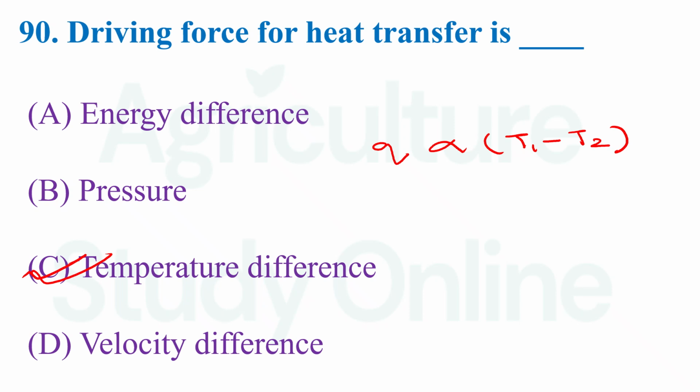For convection, we know it depends on the temperature difference between the surface and the liquid. Radiation depends on the temperature difference in terms of T to the power 4. Whereas energy difference and pressure are basically related to fluid flow, and velocity difference affects the convection rate but is not the driving force. So the correct option will be heat transfer occurs due to temperature difference.